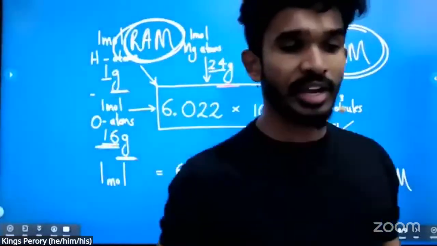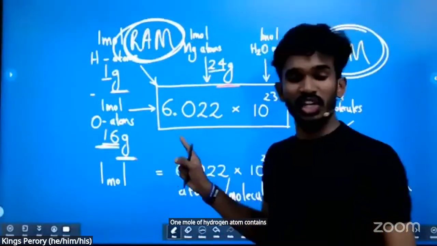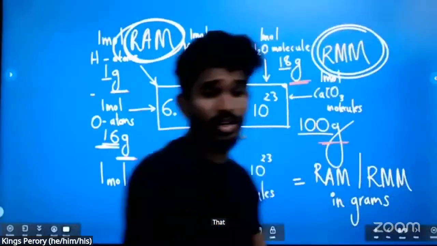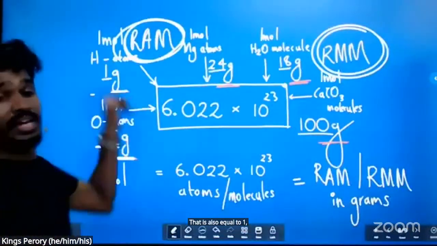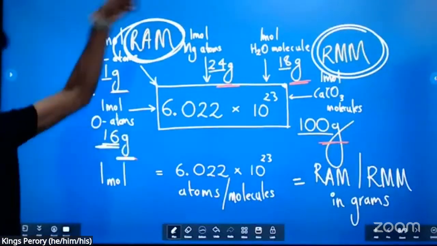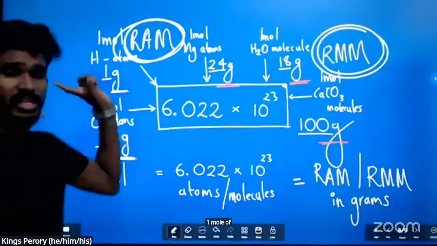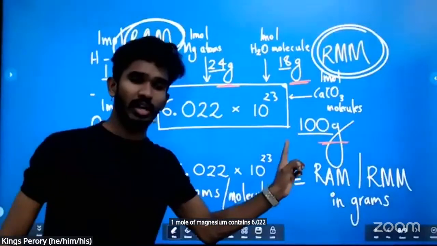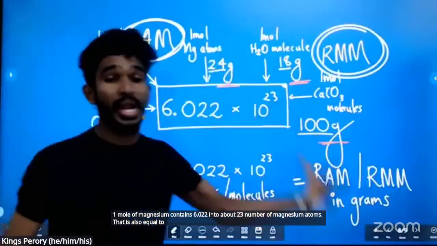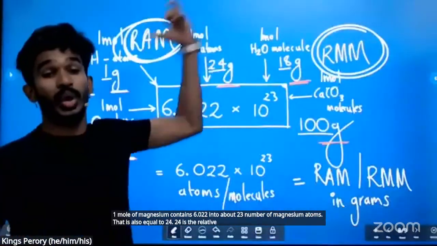1 mole of hydrogen atoms contains 6.022 into 10 to the power 23 hydrogen atoms. That is also equal to 1, the relative atomic mass, in grams. 1 mole of magnesium contains 6.022 into 10 to the power 23 magnesium atoms. That is also equal to 24, the relative atomic mass of magnesium, in grams.